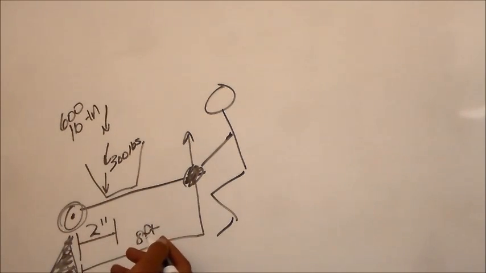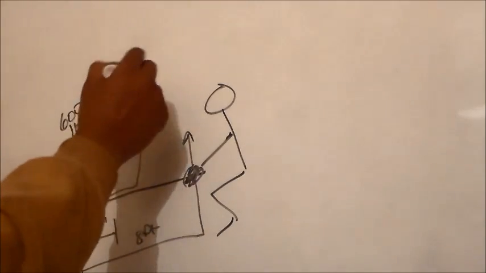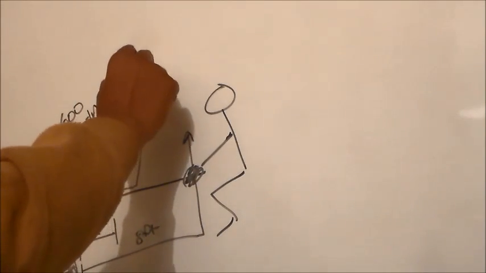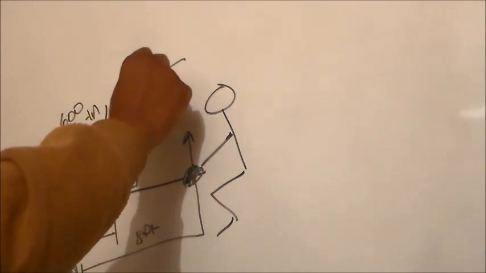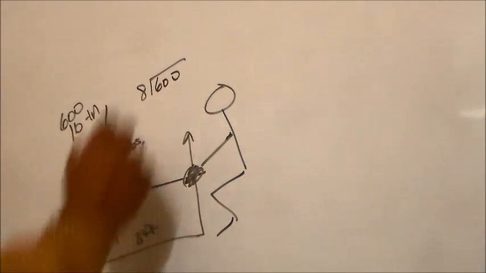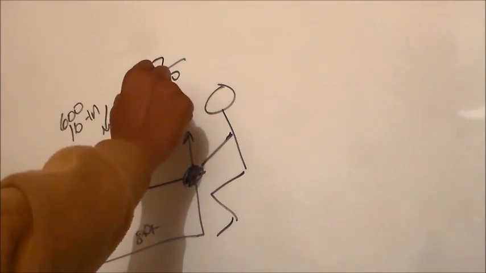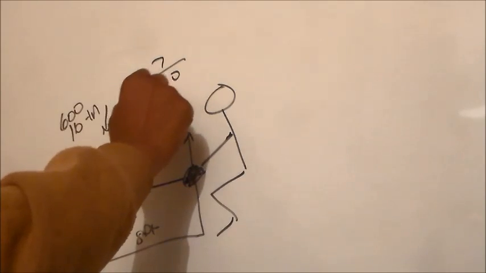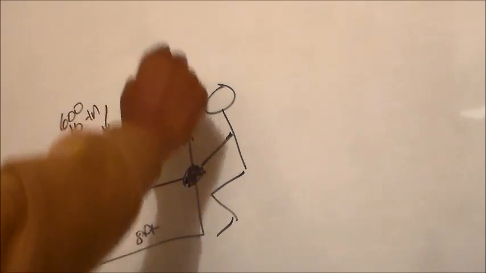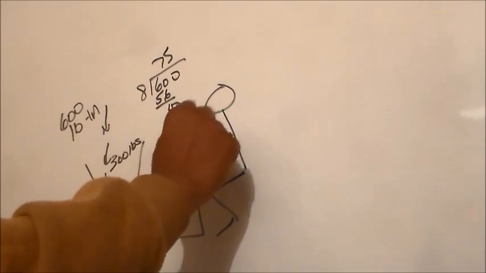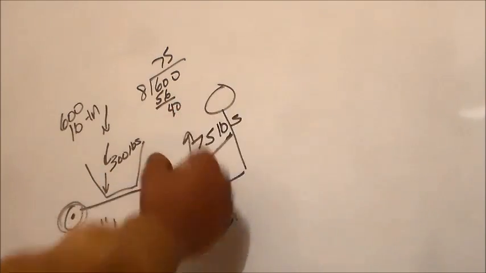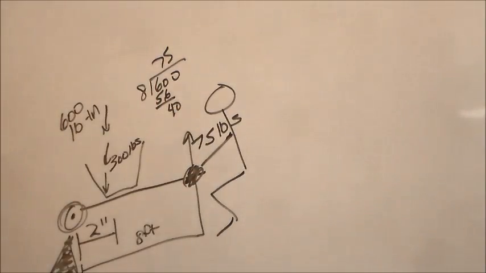So if we take the 600 pound inches and divide that by 8, that's 75 pounds of upward effort that we're going to have to apply.